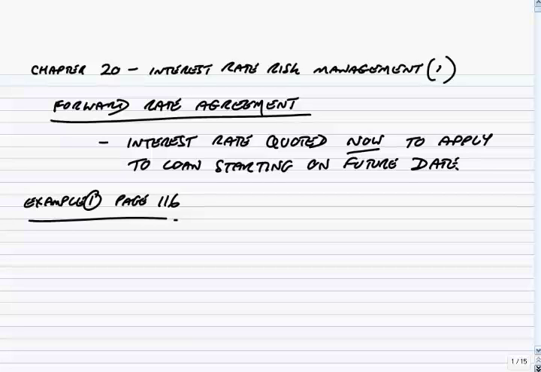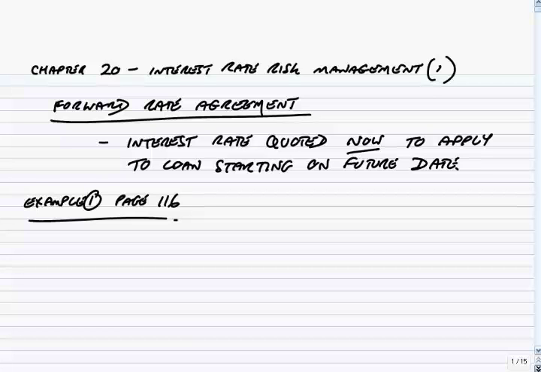Now, before we read any more, with a forward rate agreement, you simply go to the bank, you tell them how much you want to borrow, for how long you want to borrow it, and when the loan's going to start, and you ask them to quote a rate. And the bank has quoted a rate of 10%.